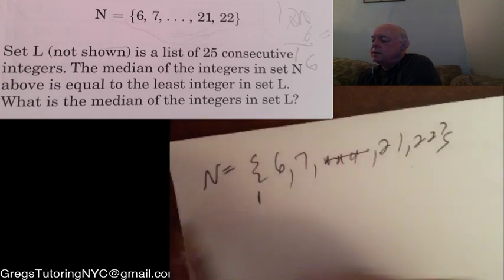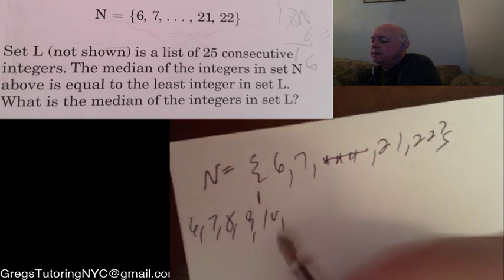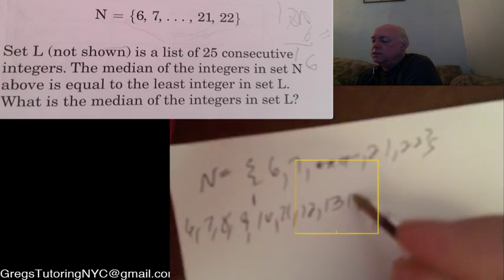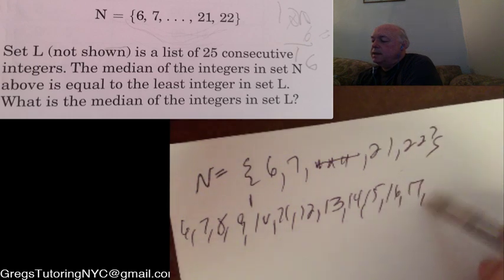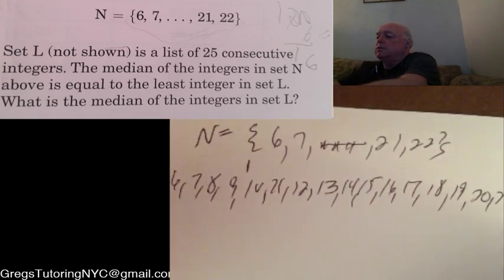So n is basically 6, 7, 8, 9, 10, 11, 12, 13, 14, 15, 16, 17, 18, 19, 20, 21, and 22. Let me do this to get it to fit.